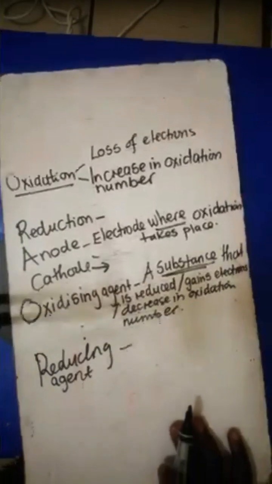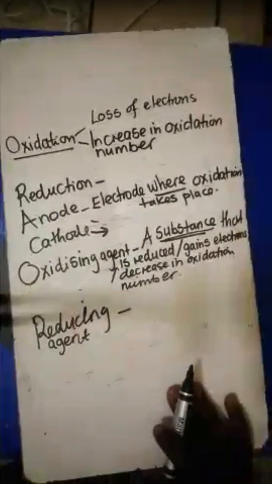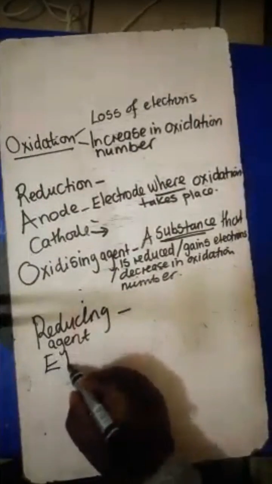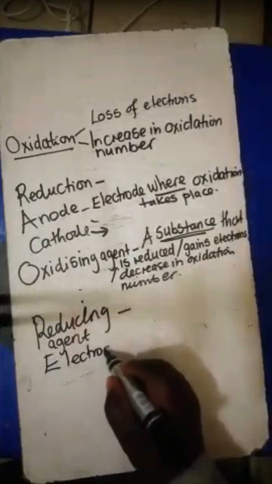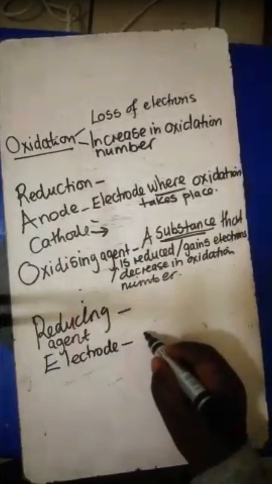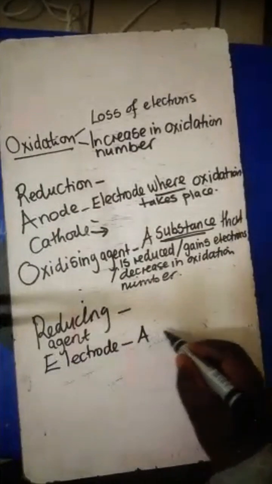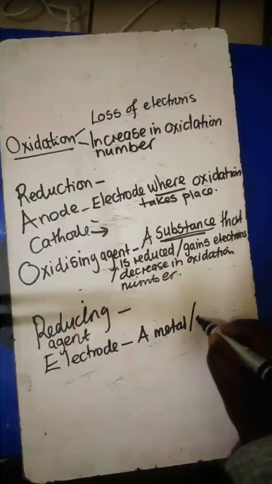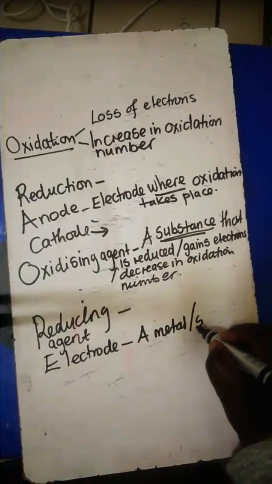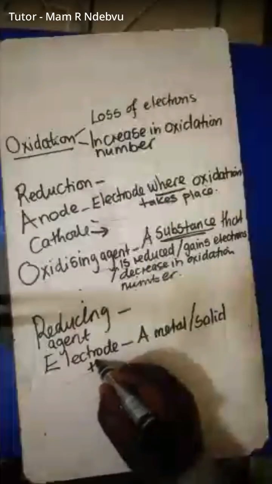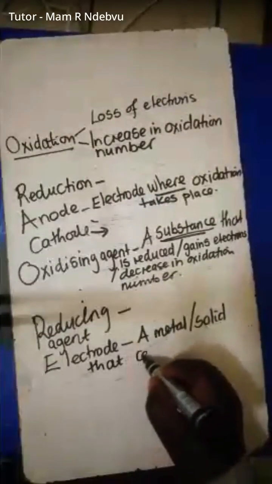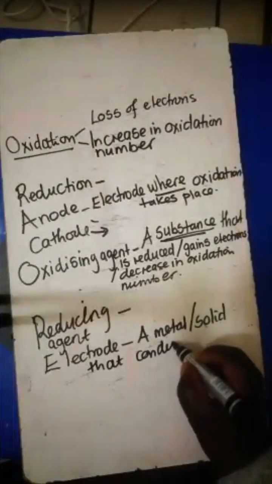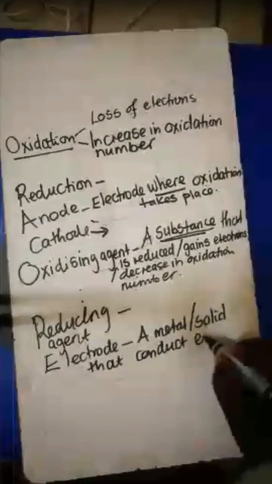Then the last definition in this topic is called electrode. What do you call an electrode? It can be a metal, or you can say it's a solid that can conduct electricity.